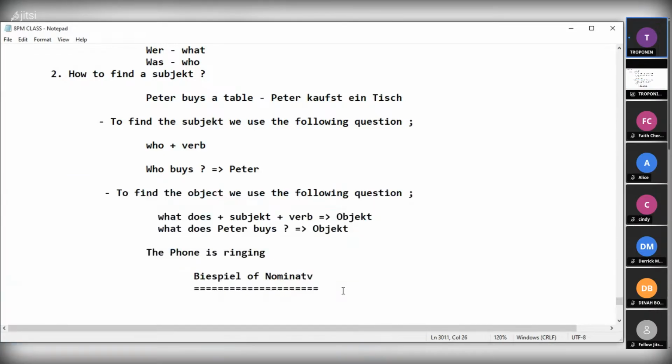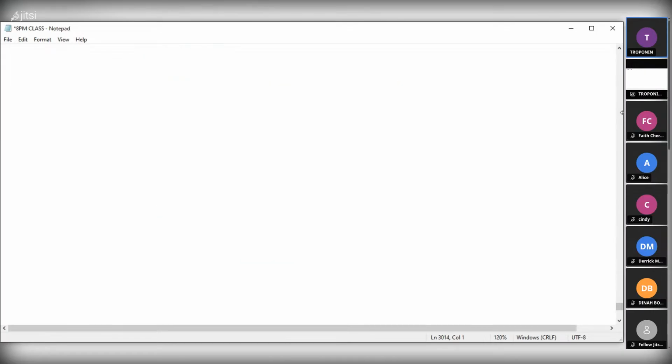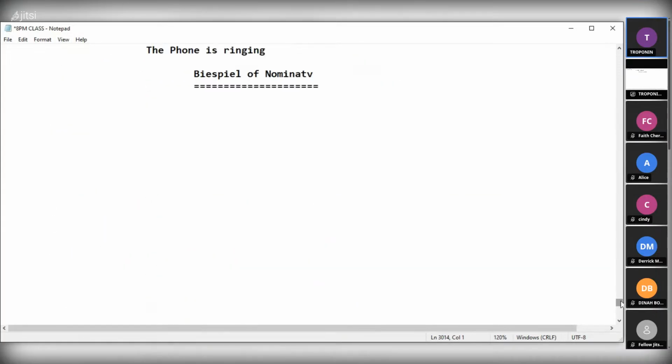Then you go now to the main task, today's task. So today's Beispiel, let's see.